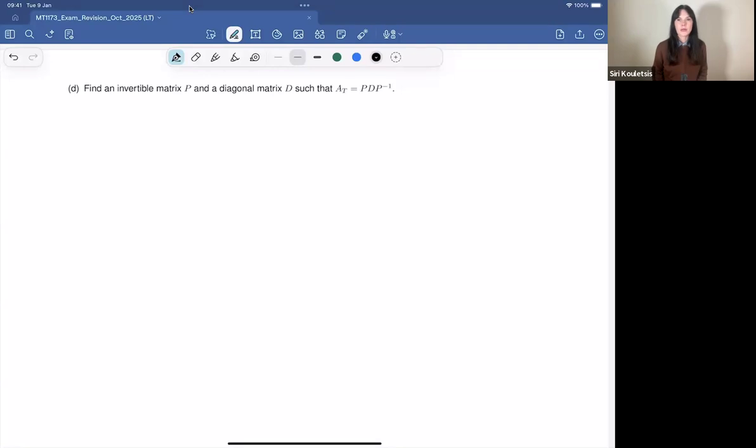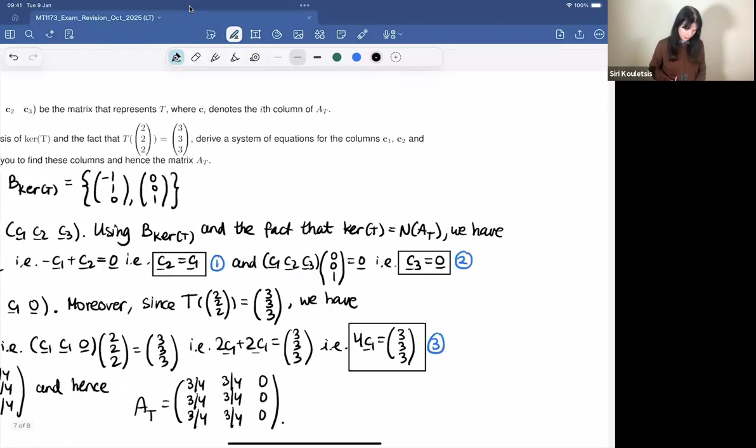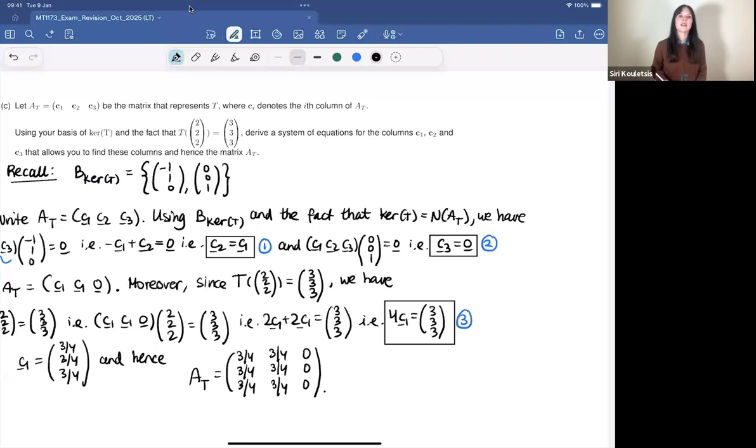Usually, if we were just given this matrix AT that we just found and told to diagonalize A, that means find the eigenvalues of A and then find the eigenspaces corresponding to each eigenvalue and so on.